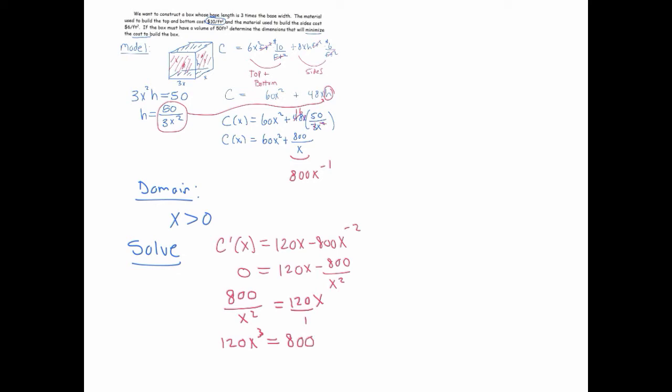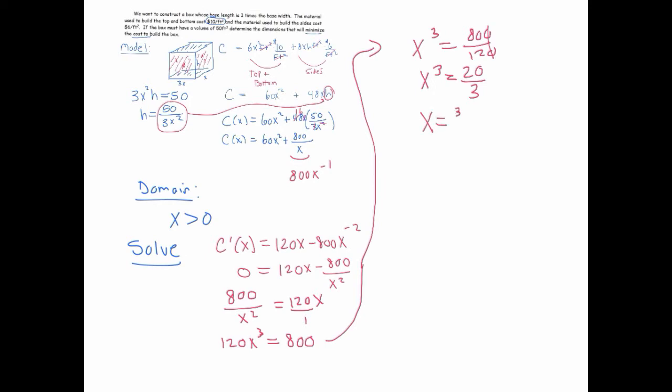So that means that x cubed is 800 over 120, which is 80 over 12, which is 40 over 6, which is 20 over 3. So x cubed equals 20 over 3, which means x equals the cube root of 20 over 3.